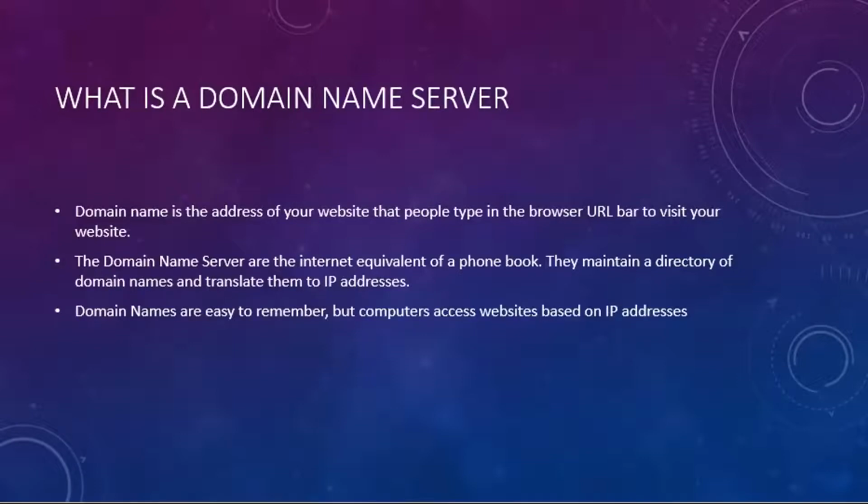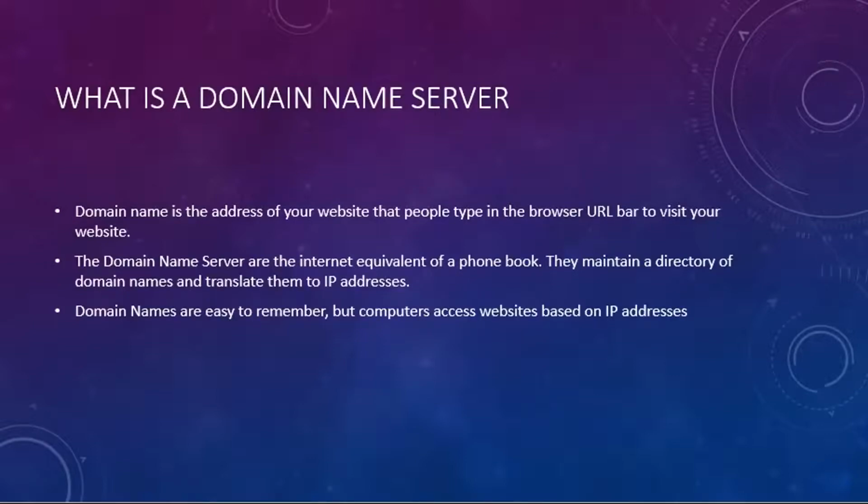So it's actually just a human readable name that is different from what the computer reads. So domain name servers are the internet equivalent of a phone book. They maintain a directory of domain names and translate them to IP addresses.